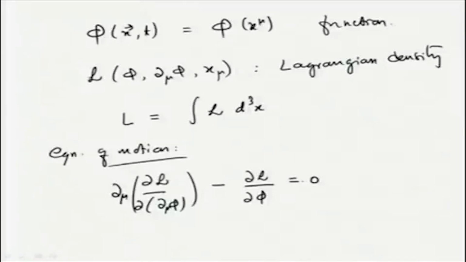But one can look at any standard classical mechanics book, including Classical Mechanics by Goldstein, or any other classical field theory book, or quantum field theory book where an introduction to classical field theory is given, to understand what Lagrangian mechanics is and how you get the equations of motion in Lagrangian mechanics.